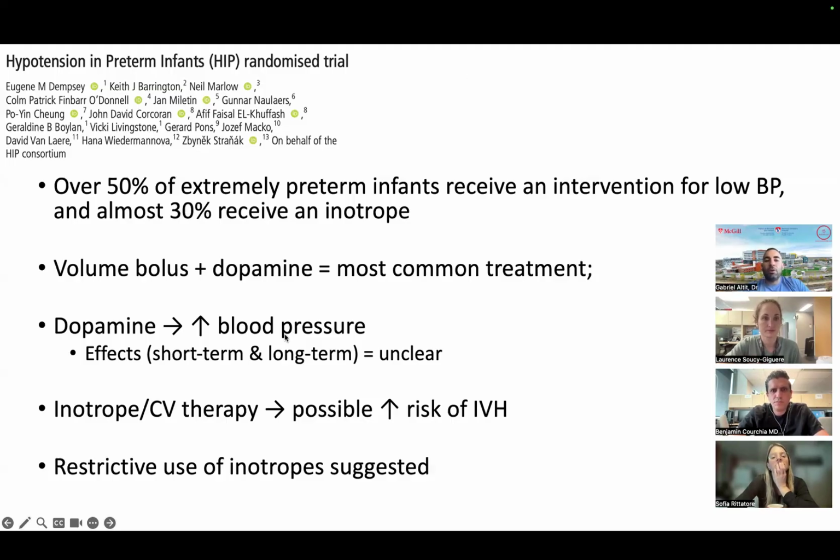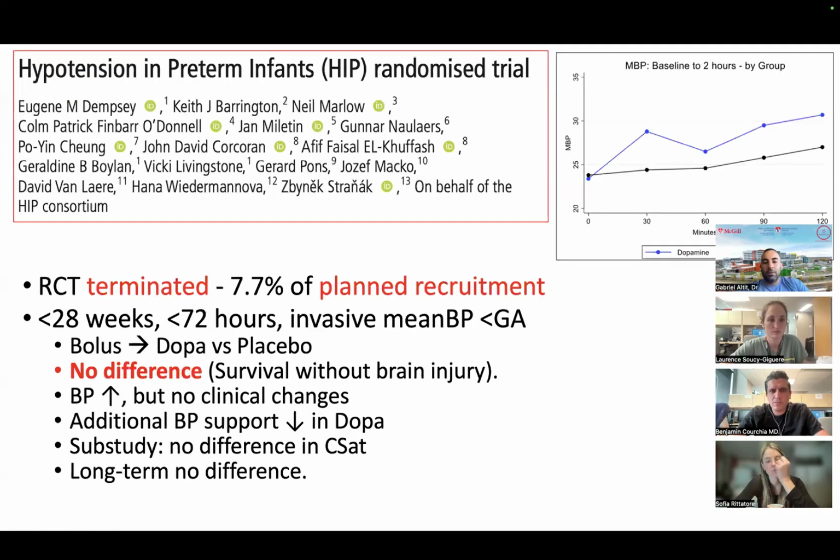More and more, there's been a push in the literature to avoid exposing these very vulnerable patients, who are in ongoing transitional physiology with no signs of hypoperfusion, to cardiovascular medication, because we know that they have an undifferentiated effect throughout the systemic and pulmonary vasculature, and they may lead to more side effects than benefits.